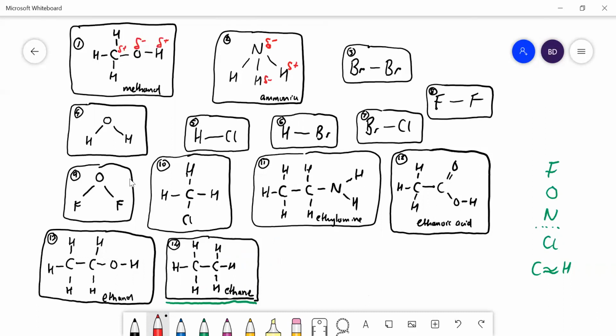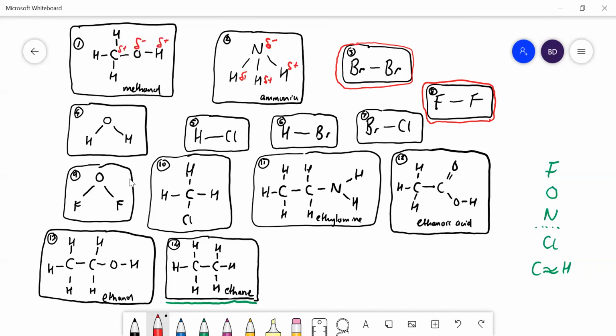You're going to have a negative end to the molecule, the nitrogen, and the hydrogens are more positive. Let's do number 8. Fluorine, you think very electronegative element, but there will be no delta positive because they're both as electronegative as each other, so you're going to get even sharing of the electrons there. Likewise with bromine, it's fairly electronegative, but it's bonded to another bromine, so no delta positives or delta minuses there.